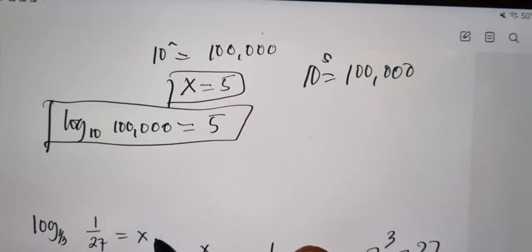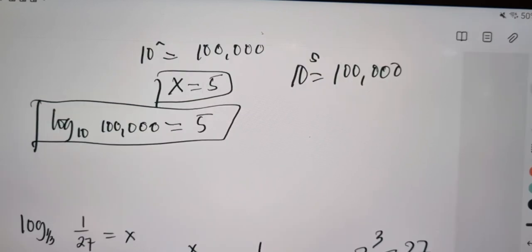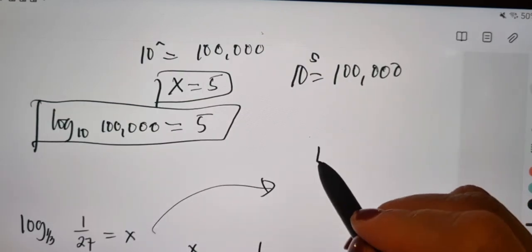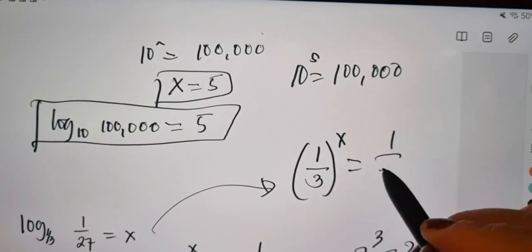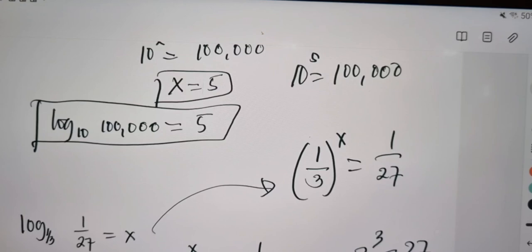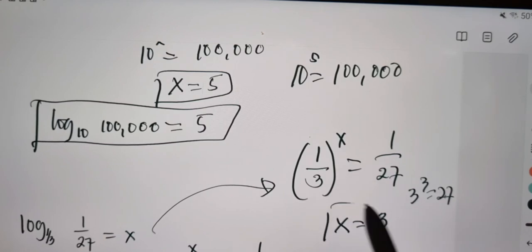Okay, I'll write it here. So this is 1 over 3 to the x is equal to 1 over 27. And we know now again that 3 raised to 3 is equal to 27. So therefore, x is equal to 3.